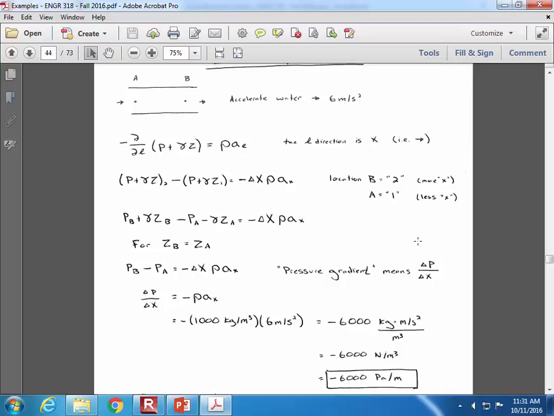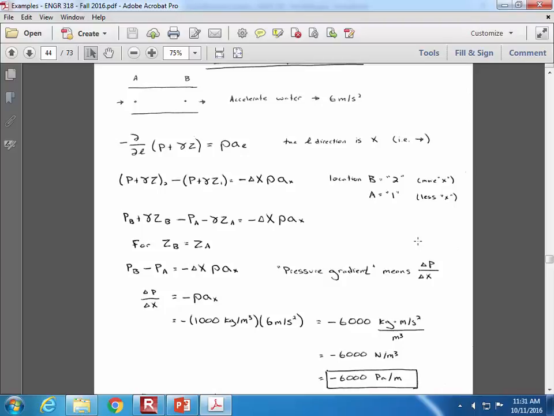Euler's equation is going to be that the pressure at B plus gamma Z_B minus the pressure at A minus gamma Z_A is equal to negative delta x, the density and acceleration in x. And it's a horizontal pipe, which means that the elevations are equal to each other. Z sub B is equal to Z sub A.